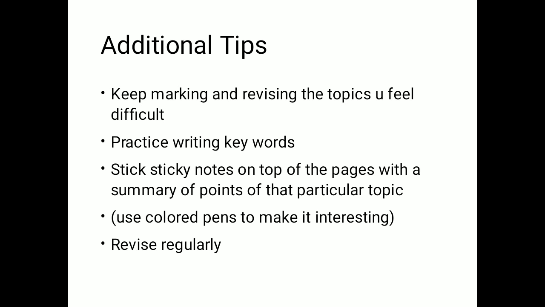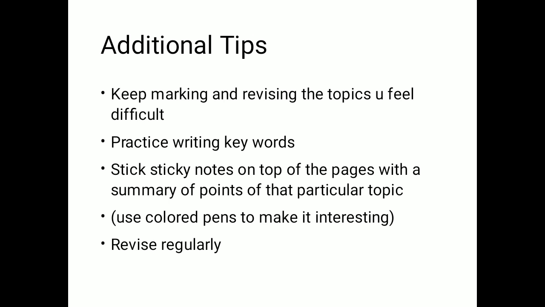There are some additional tips which I would like to give you, is that you should keep marking and revising the topics you feel difficult. That means, suppose you are comfortable in 2 topics in chapter number 1 and you find 4 topics a bit average or a bit difficult. What you have to do is you just have to mark 1 star, okay?